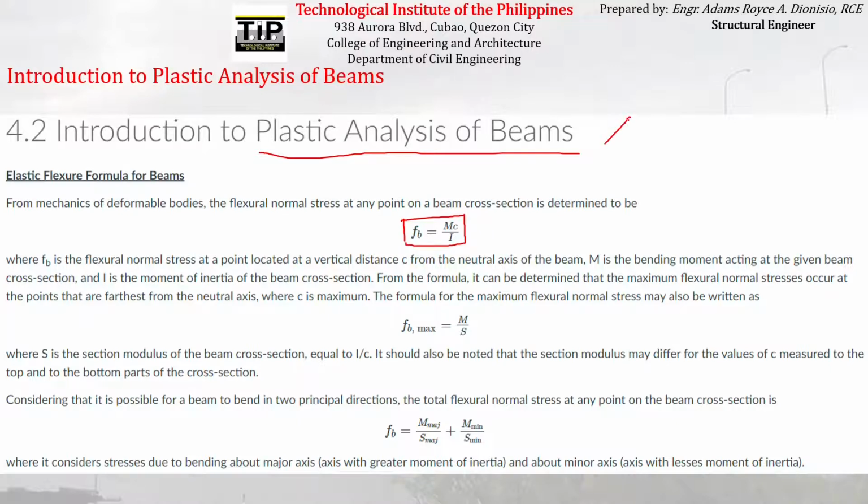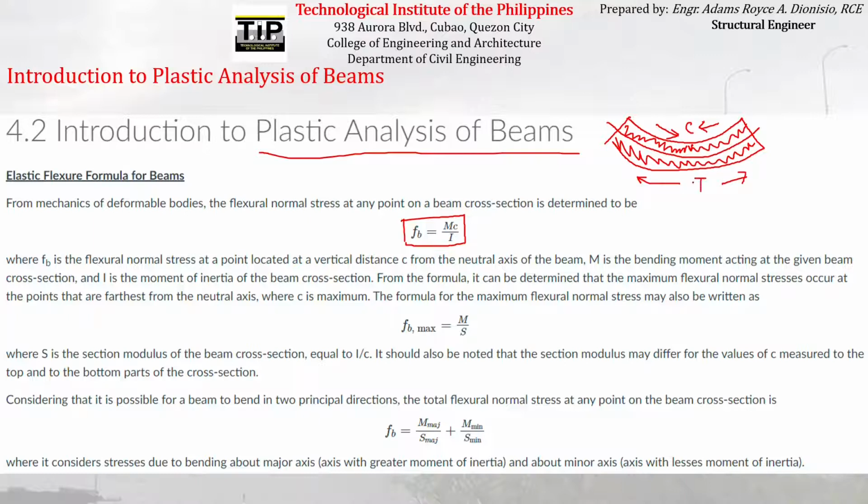If we have a beam that already bended like this, and this is the neutral axis, as I mentioned a while ago, the fibers above the neutral axis tend to compress each other, while the fibers below the neutral axis tend to stretch out like this one.